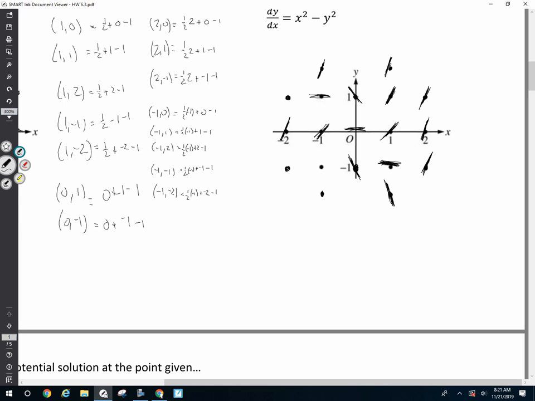All right, that's good. Negative 2, 1 will be 4 minus 1. That's going to be positive 3. Positive 3. Negative 2, negative 1 will be 4 minus 1. That's positive 3 as well. Negative 1, that'll be 0.